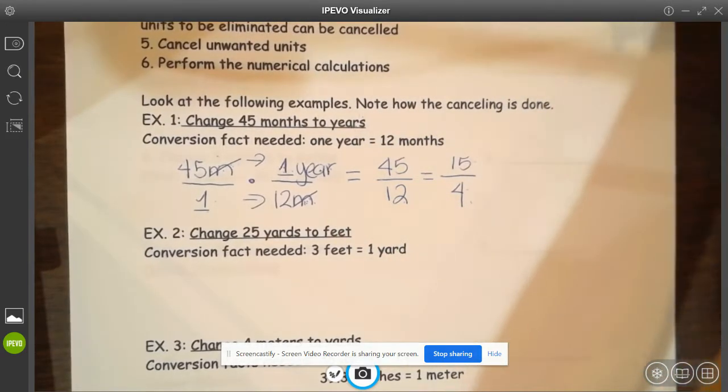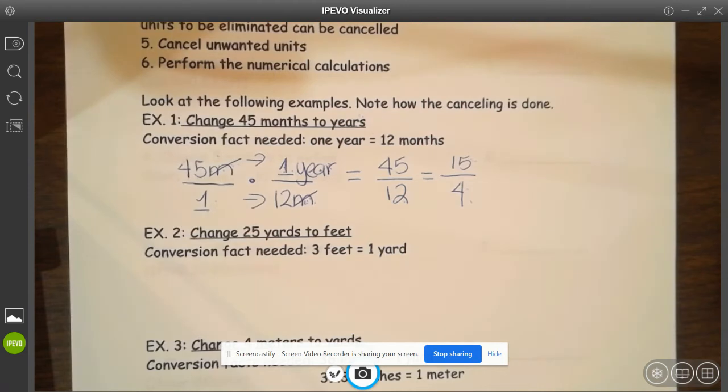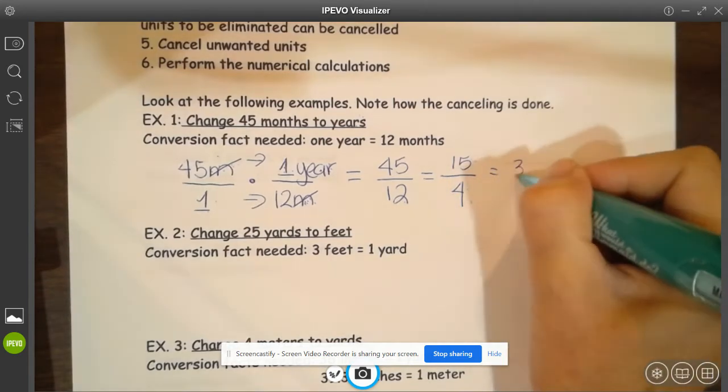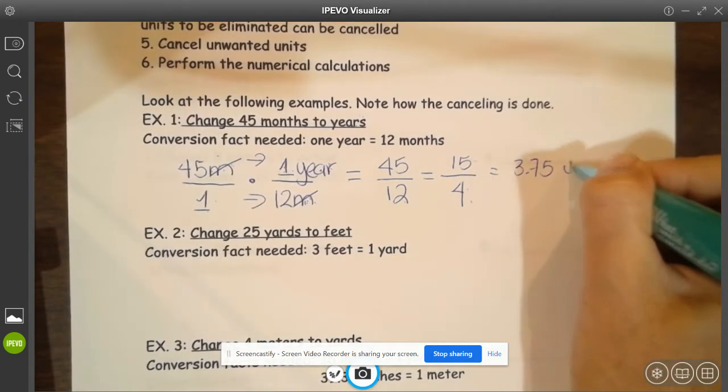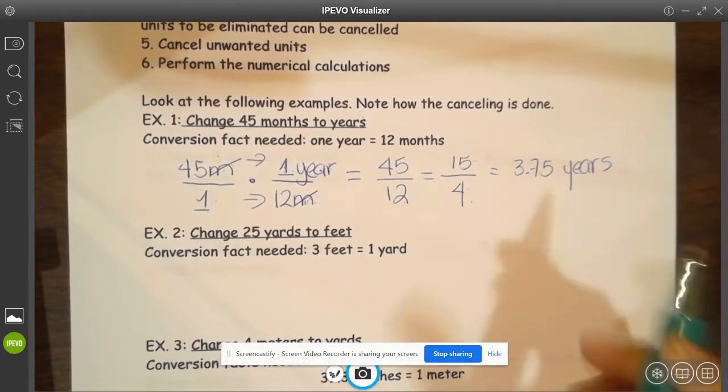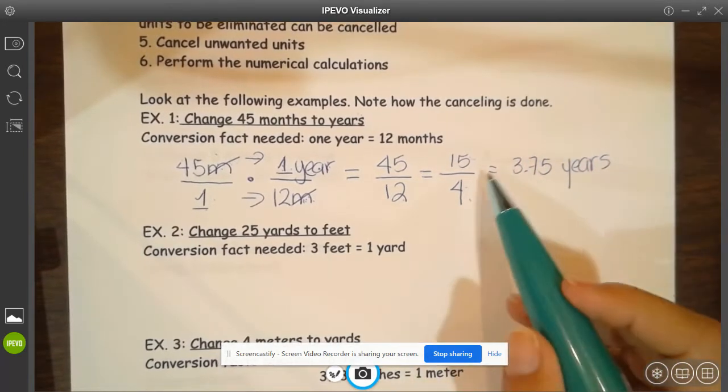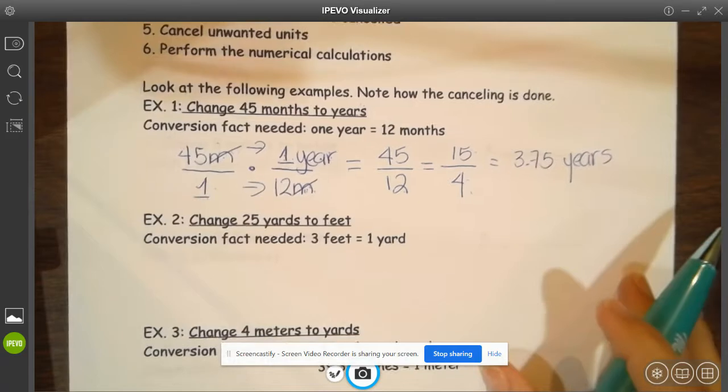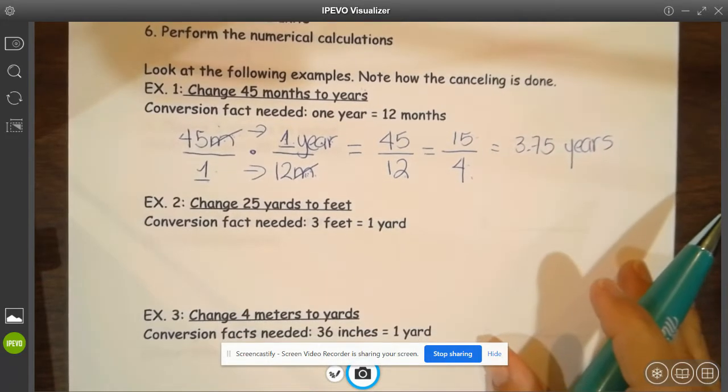So 15 divided by 4, we get a decimal, which is 3.75. So the answer is 3.75 years. So that means 3 years and 3/4 of a year. Okay? All right, let's do another one.